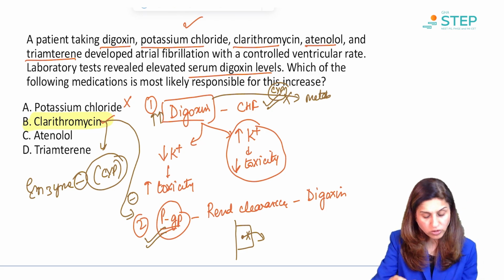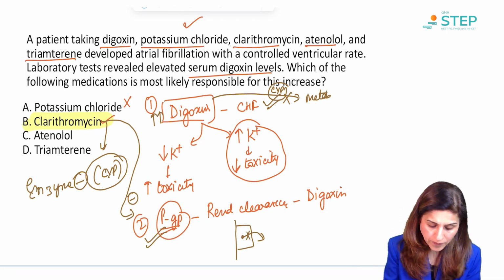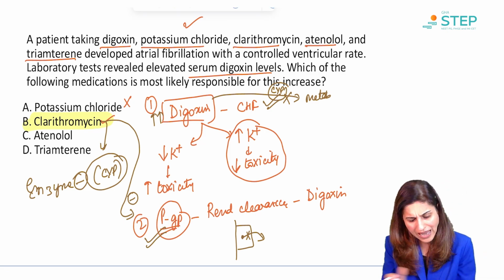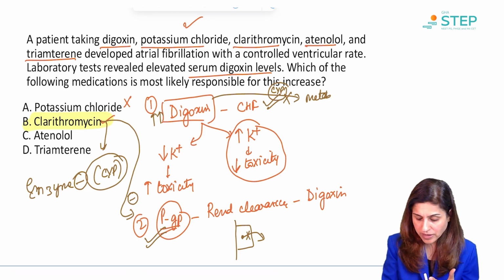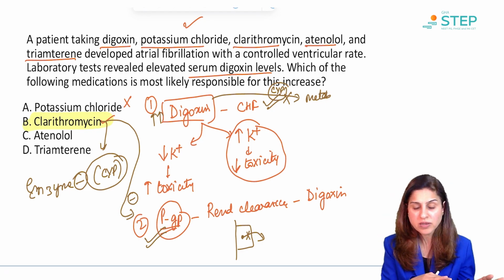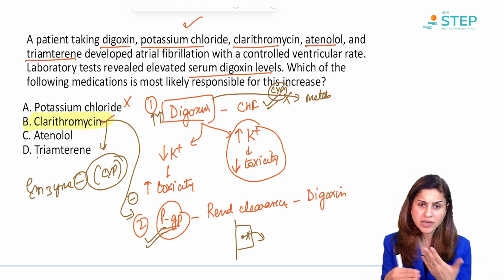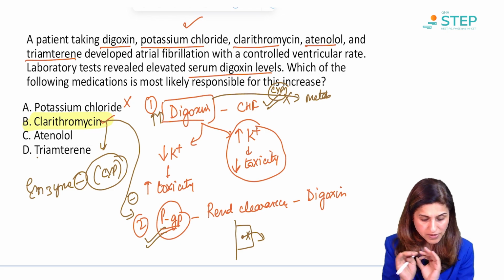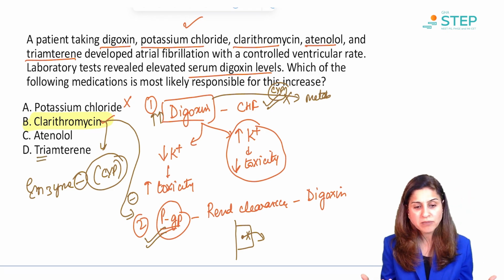Now, we'll also go to the second, third and fourth options. Let's see why they're not the correct answers. Atenolol, what is atenolol? Atenolol is a beta blocker. Beta blockers as such have no direct interaction with digoxin, either in metabolism or clearance. Beta blockers are going to act on the heart, so they're going to decrease the heart rate and AV conduction. But as such, there's no direct interaction with digoxin. Similarly, triamterene, what is triamterene?